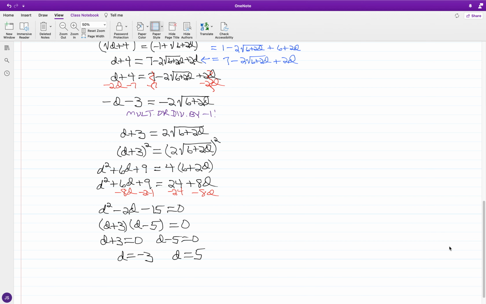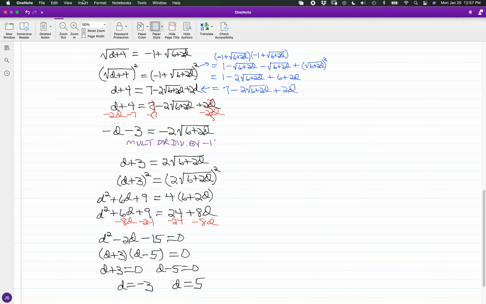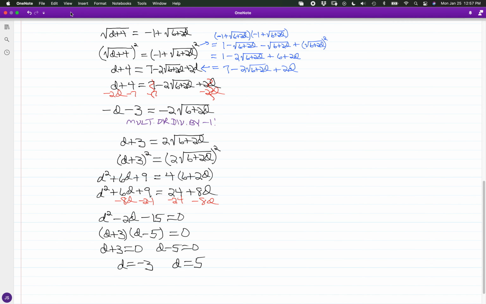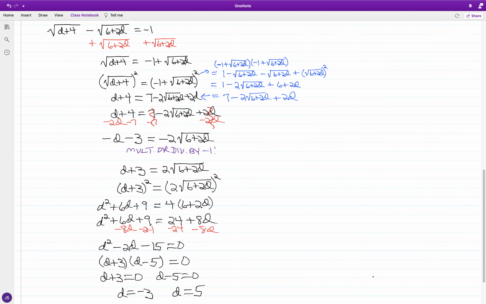Okay, so just looking at what we have, let's check. If I were to check d equal to negative 3, in our original equation, negative 3 plus 4 is 1.